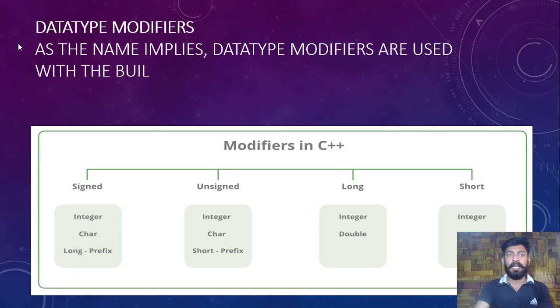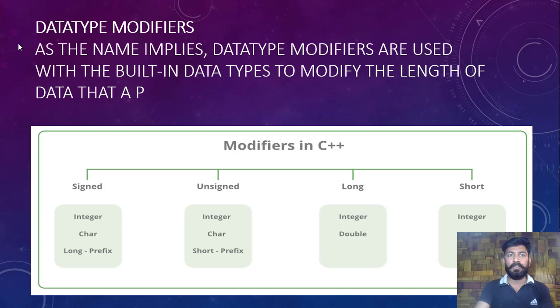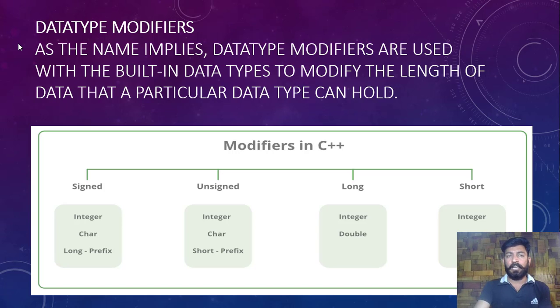Data type modifiers. As the name implies, data type modifiers are used with the built-in data types to modify the length of data that a particular data type can hold. Data type modifiers are used to change the value of data. If we want to change the value of data type, then we will have to use data type modifiers.